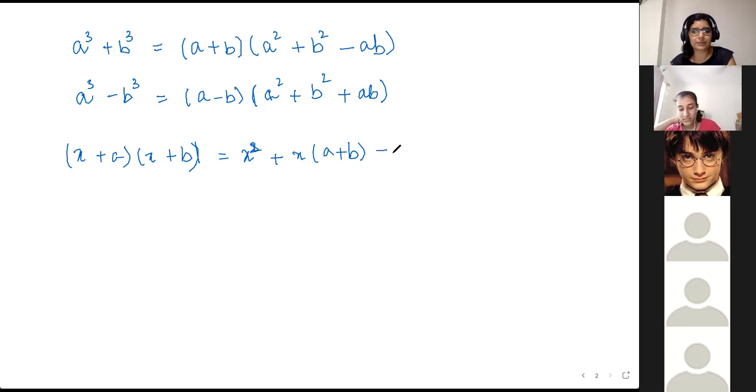Does this remind you guys of something else that you studied yesterday? What does this look like? Ma'am, splitting of middle terms, I guess. Oh, nice. Good stuff, Samriti. See, that's exactly what we did, right? Splitting of middle term.